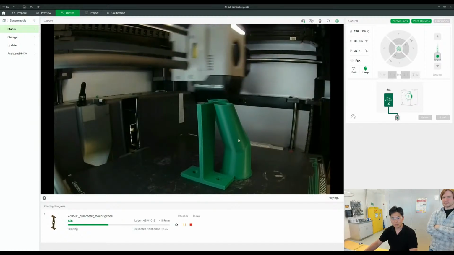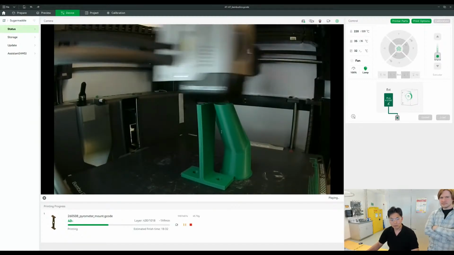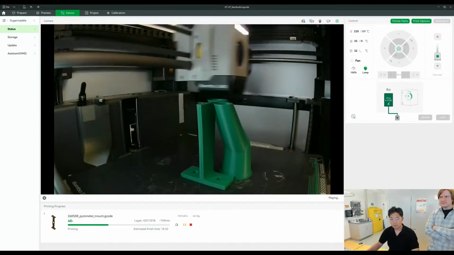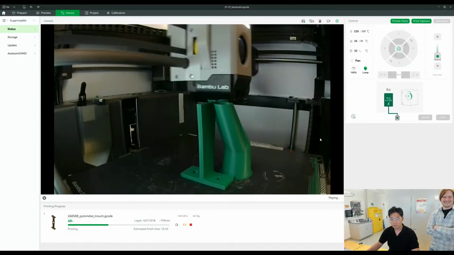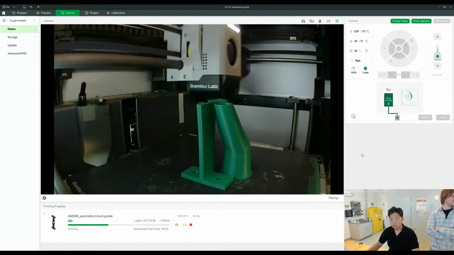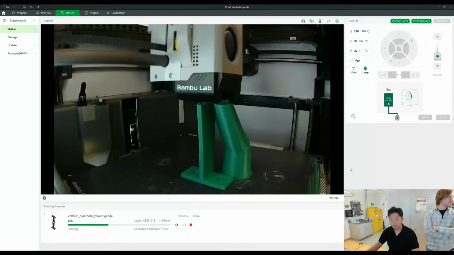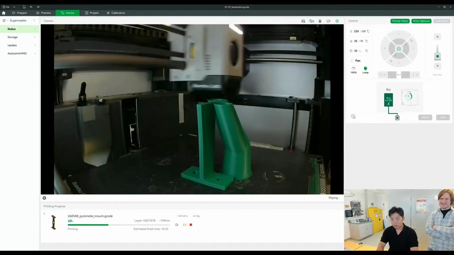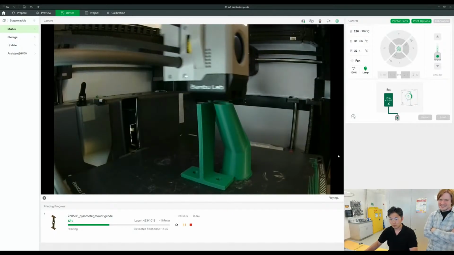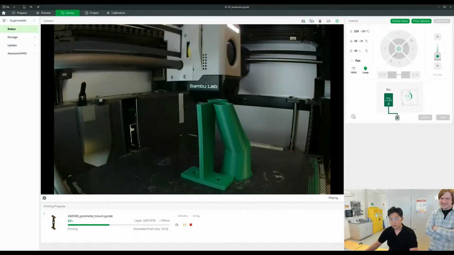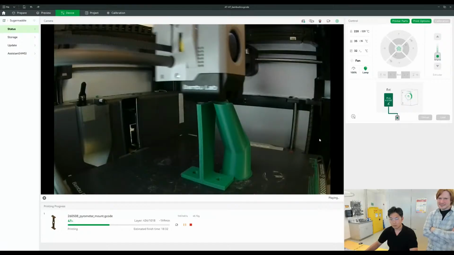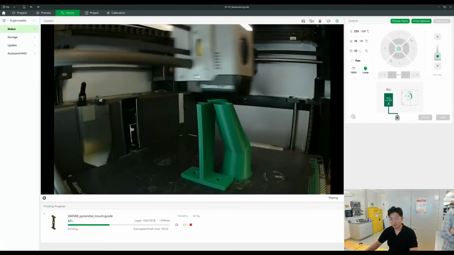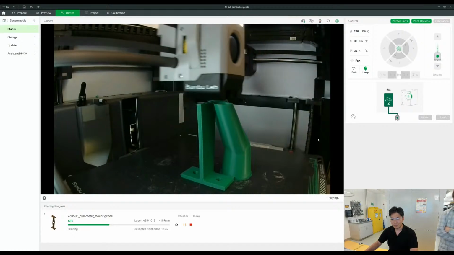There we go. SolidWorks. Oh no. Did it delete your settings? I think so. Yeah, you have to redo it.